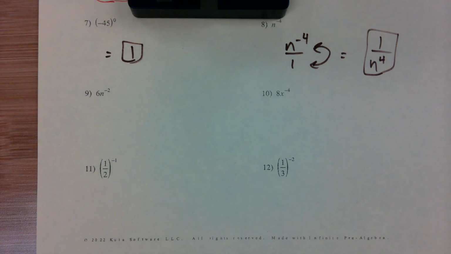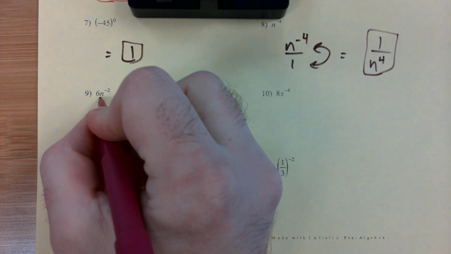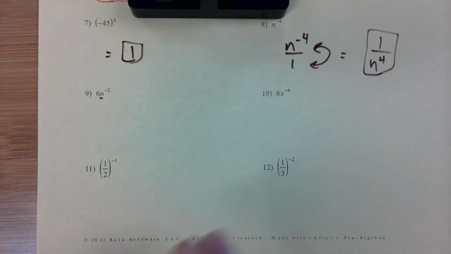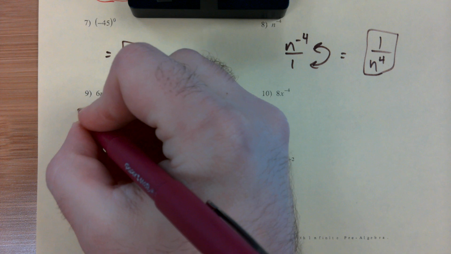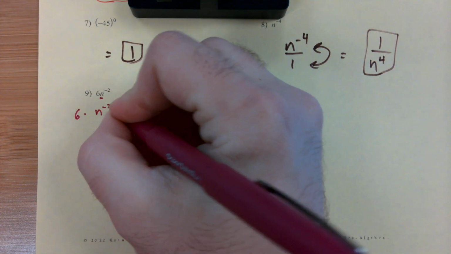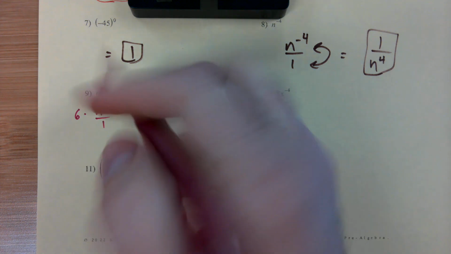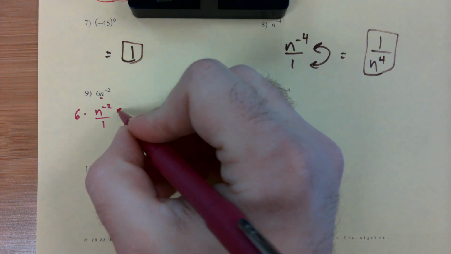Now 9 and 10 is where it gets tricky. If you remember, this exponent is only attached to the variable. There's no parentheses. We can't distribute it. It's only attached to n, right? So we can even think of this as 6 times n to the negative 2 over 1, just so we can separate our coefficient out to make the whole flipping thing a little bit easier.